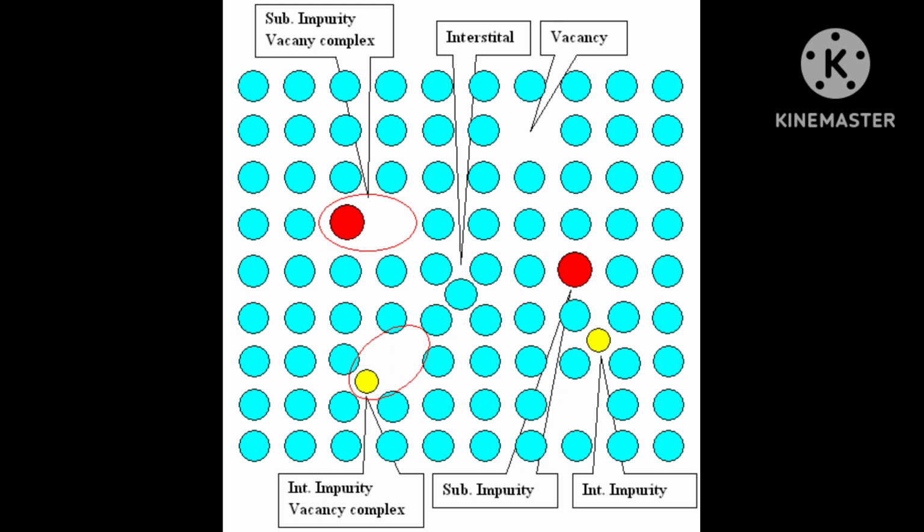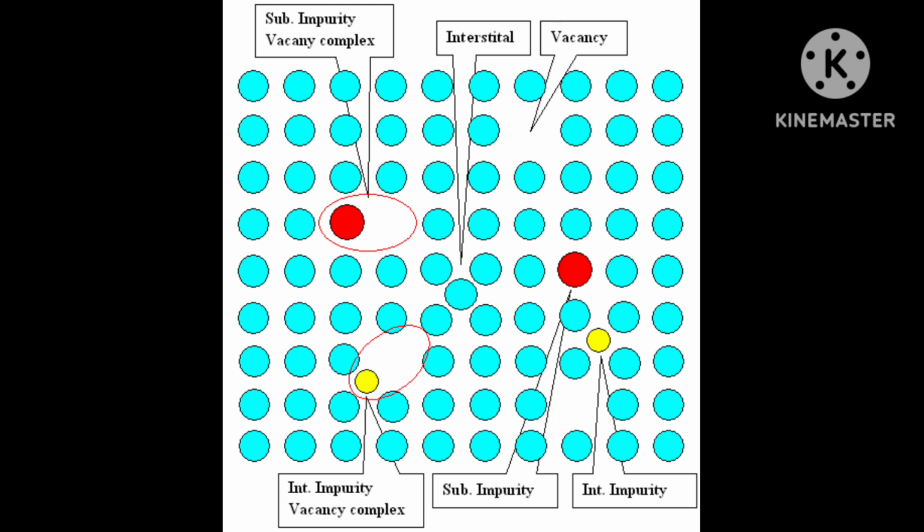Frenkel defect is also called dislocation defect. You know already, because the ion is dislocated, it went to the other places, interstitial sites. Hence another name is dislocation defect. It does not change the density of the solid. A question is asked: there is a stoichiometric defect and a non-stoichiometric defect.